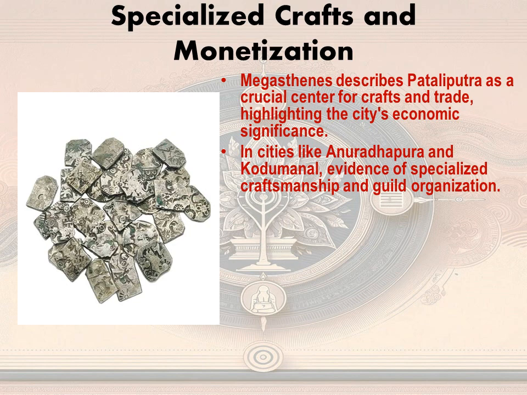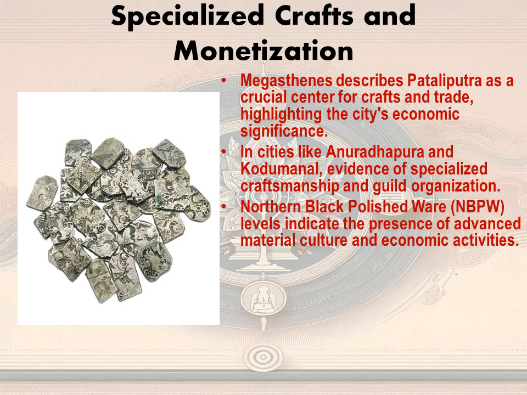So, in these cities, we get instances where people dedicated themselves to production of a certain good only. And there was also a committee that used to regulate trade, hence there was a presence of guild organization.